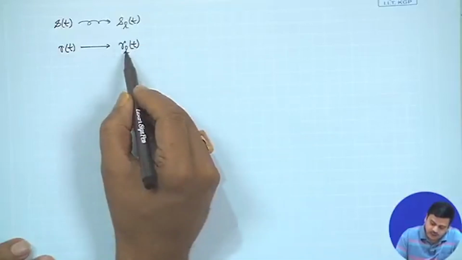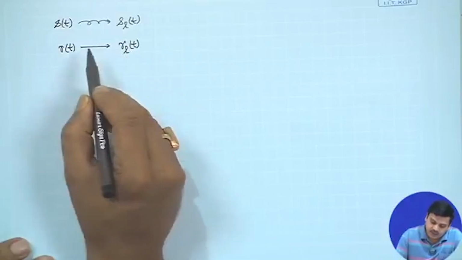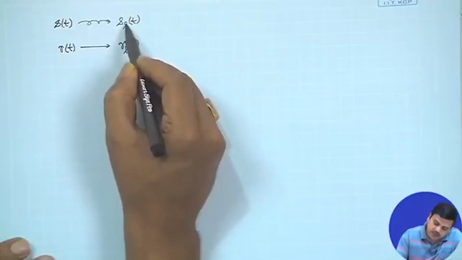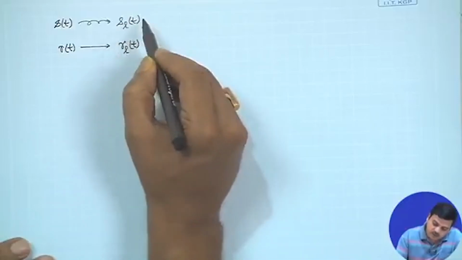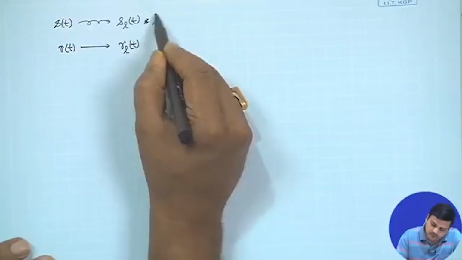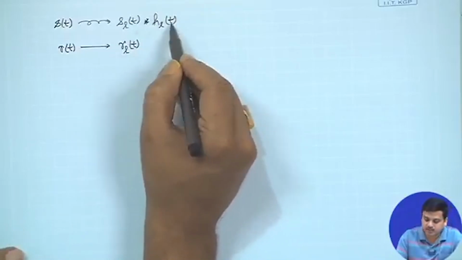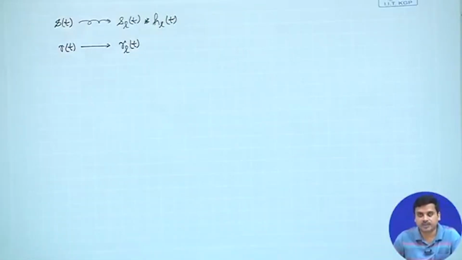RL of t is the low pass equivalent, and we found that R of t is connected to S of t through convolution. Similarly, RL of t is connected to SL of t with convolution with HL of t, which is the low pass equivalent representation of the channel impulse response.